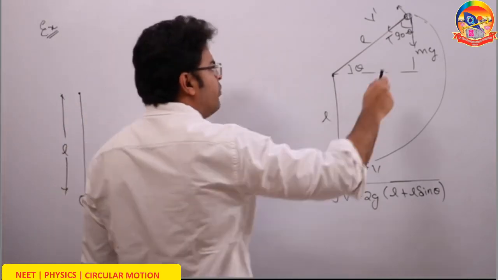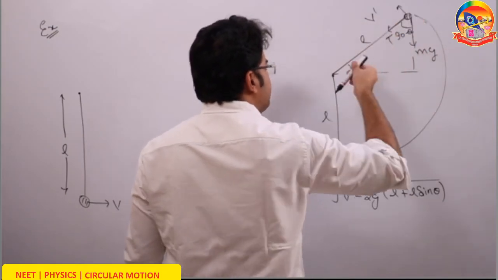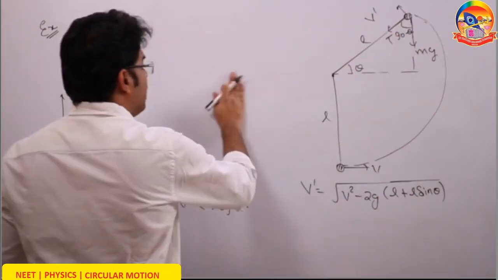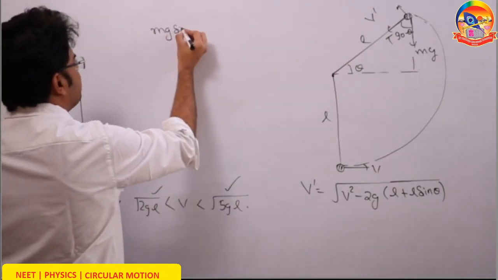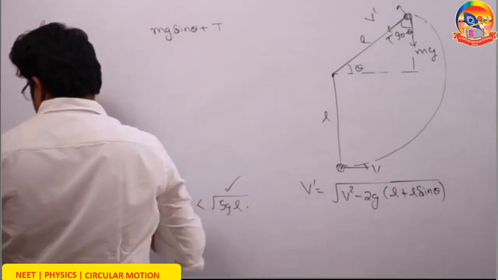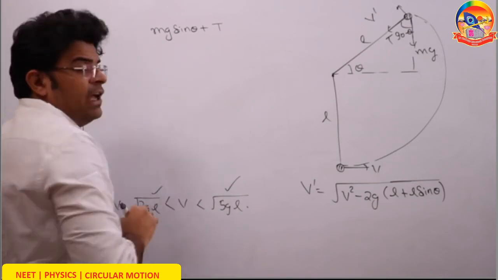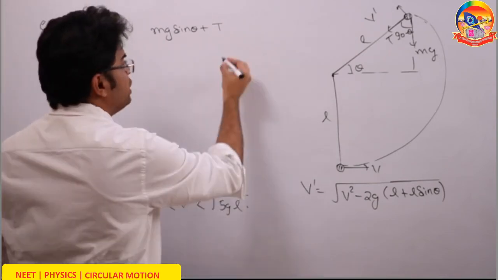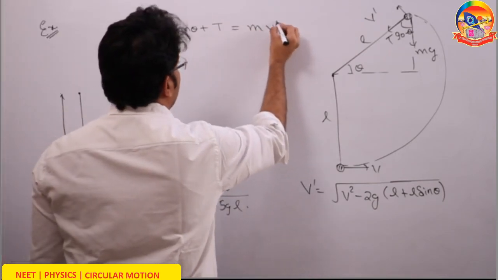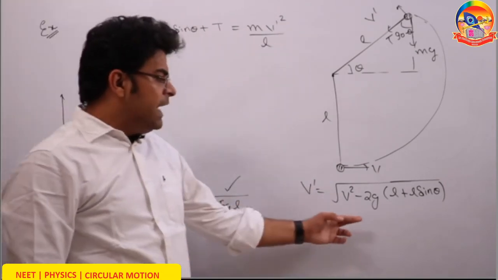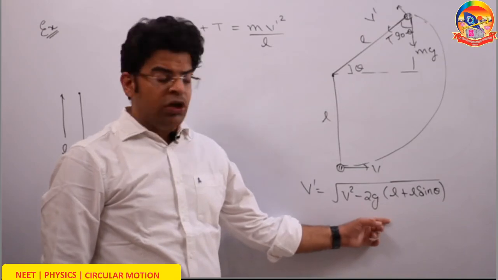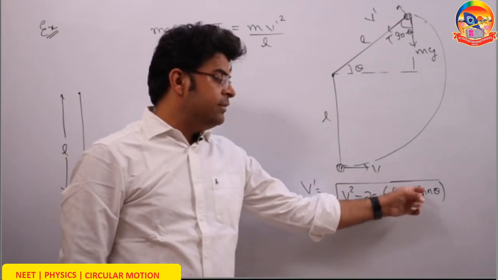There has to be a component of force of gravity, mg cos(90 minus theta), which will be mg sin theta, as well as the force of tension. And the net force acting towards the center, mg sin theta plus T, has to equal m v dash square by L. In place of v dash, I can substitute the expression, v square minus 2gL times (1 plus sin theta).